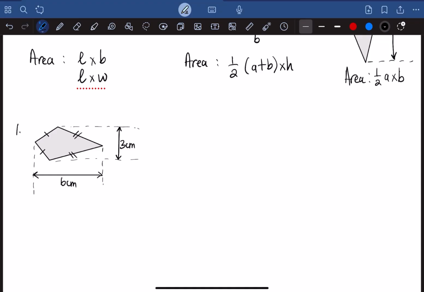We plug into the formula for the area, which is half A times B. So half multiplied by A; you can take either A to be 6 or 3, it's still fine. A is 6 multiplied by 3. Half times 6 is 3, times 3, which is equal to 9 centimeters squared. Do not forget to put the squared when you're dealing with area.